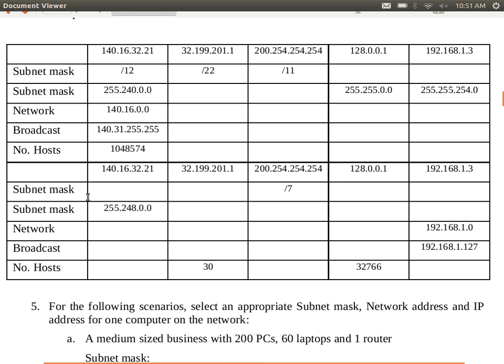Let's go through an example from your homework where it gave you some information and you need to fill out the rest. There are different cases you can consider, and let's consider the one where what's given is the IP address of my laptop, which is 140.16.32.21.